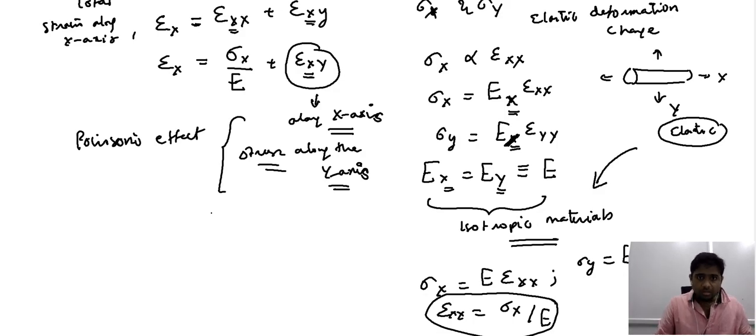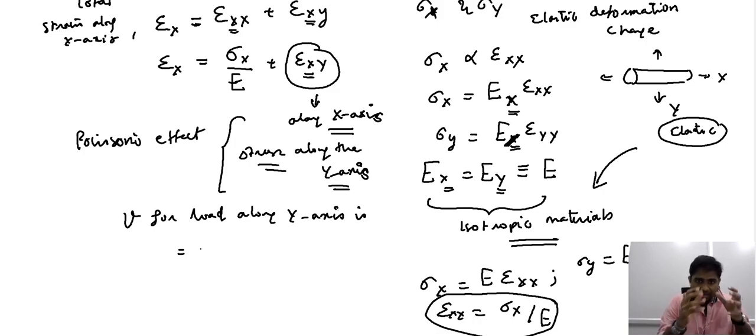So correspondingly, we can use the Poisson's ratio to describe the indirect response. So the Poisson's ratio for the load along the y-axis is, so we are considering the stress along the y-axis because that is what this particular term corresponds to.